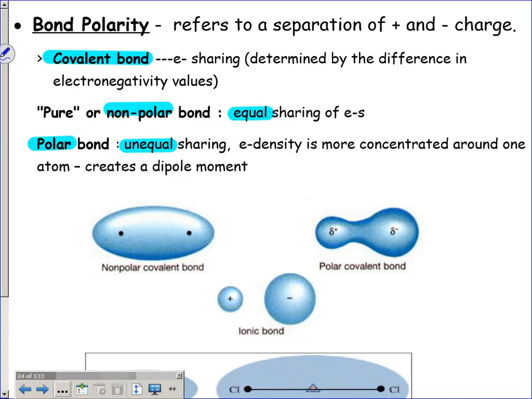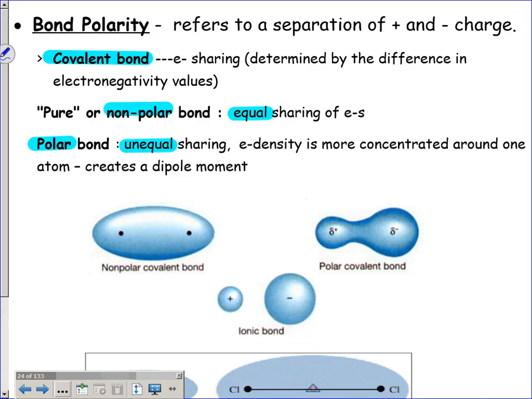I have a great shielding effect; he doesn't. He has only one shell, so he has no shielding, and I have a lot. So do I want my valence electrons as much as he does? No, simply because I have a lower electronegativity than he does. We both have seven, but if he wanted one of mine, I'd probably have to give it up.